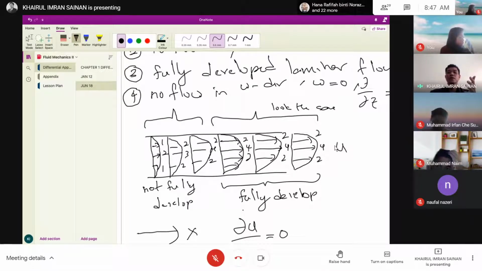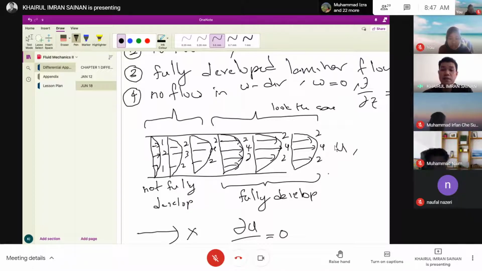So this one is fully developed laminar flow. Alright. Okay, so now you know the velocity component is u, right? So how to mathematically represent fully developed flow, right?